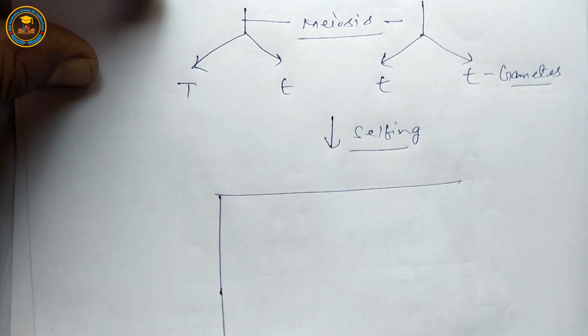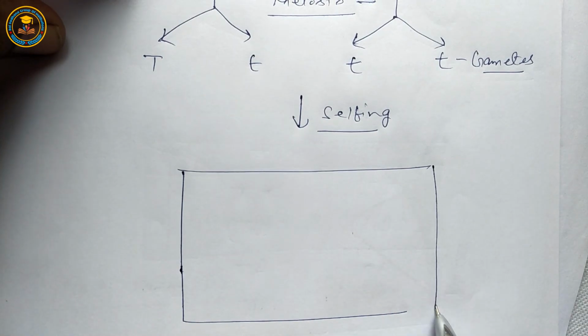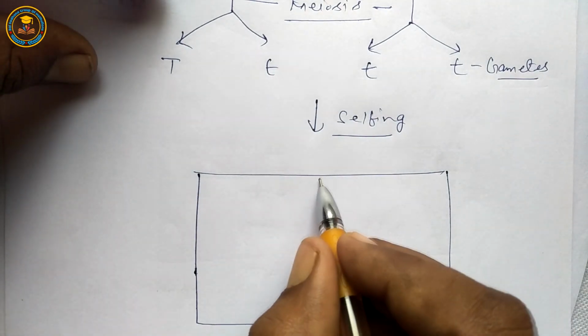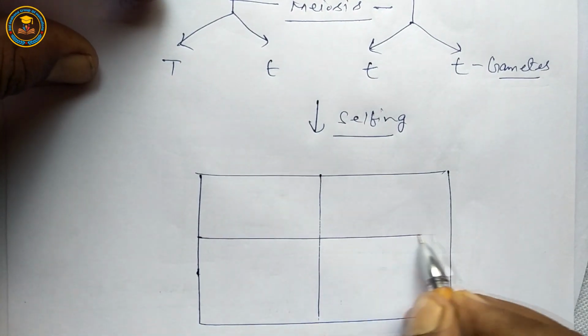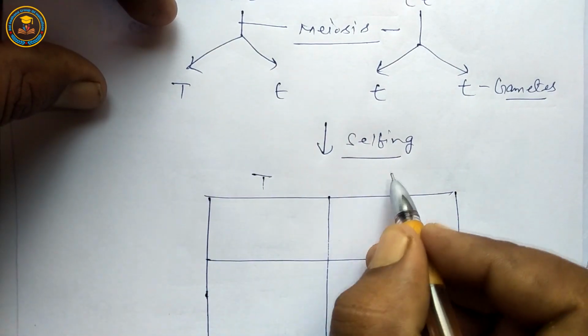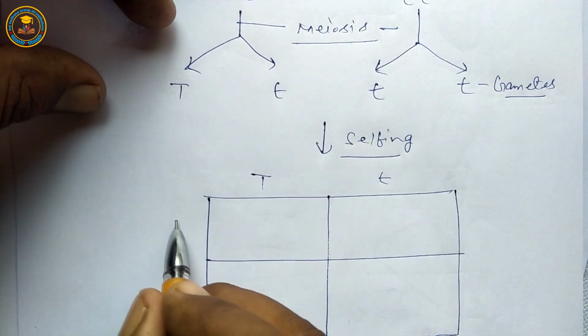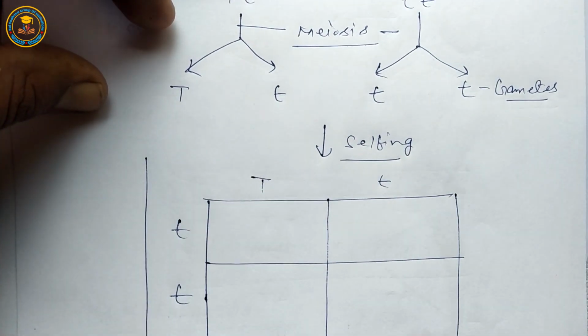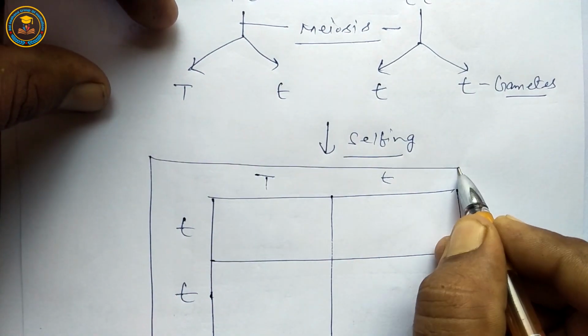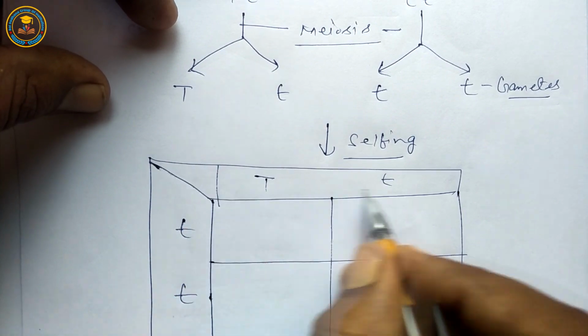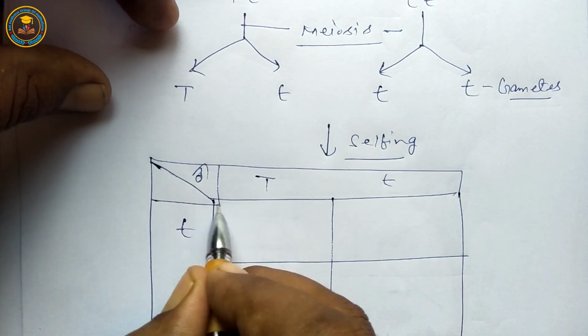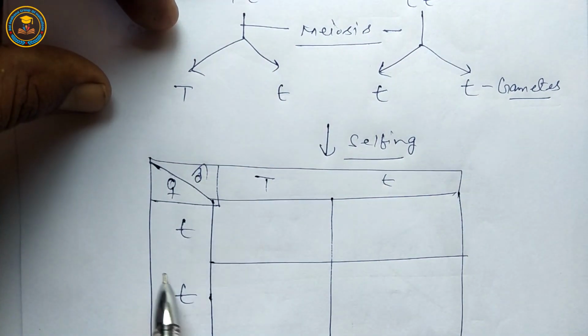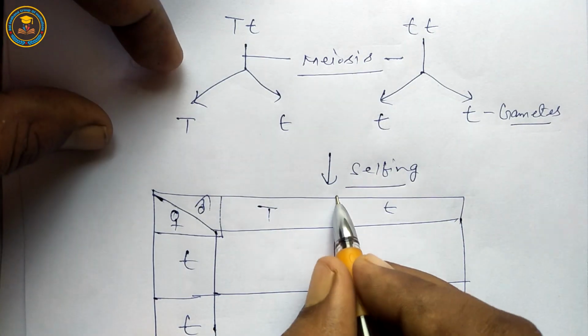I draw a checkerboard or Punnett square. If F1 generation is related to male, so recessive parent is related to female.